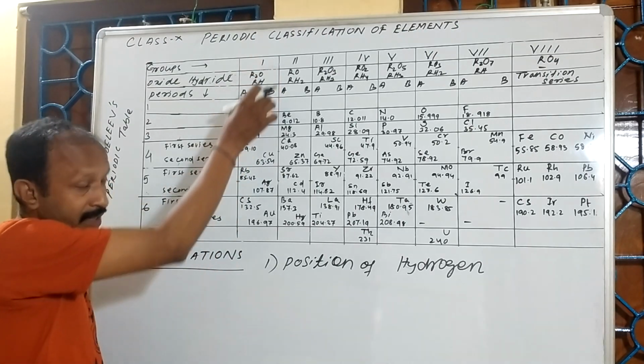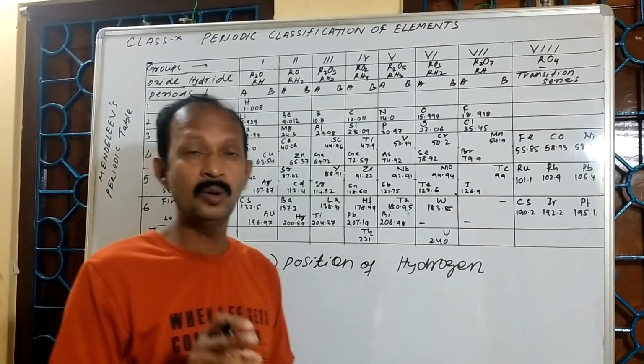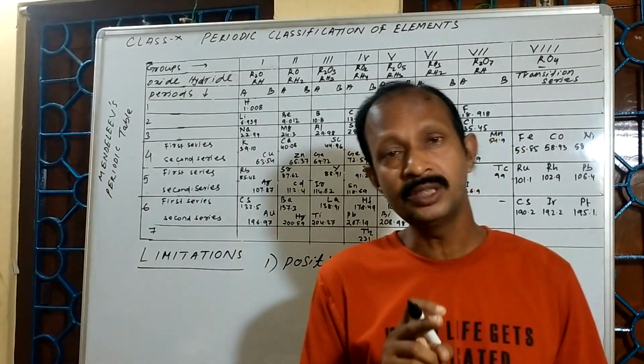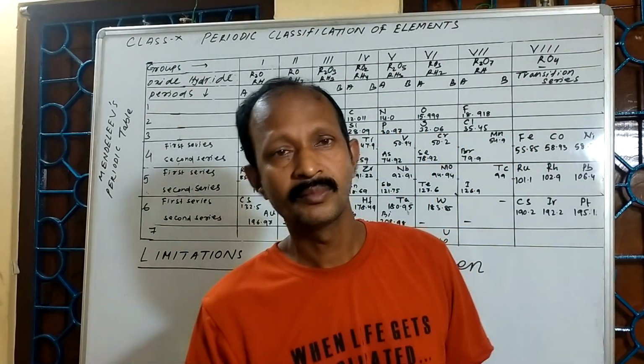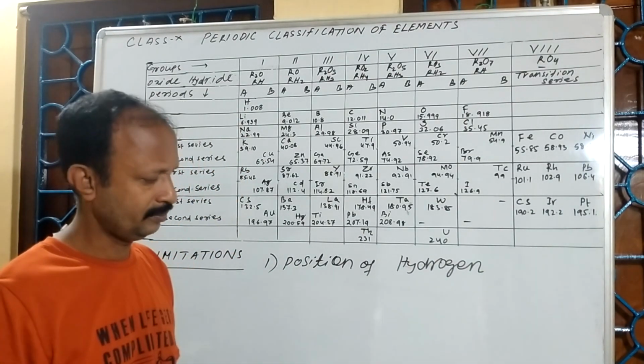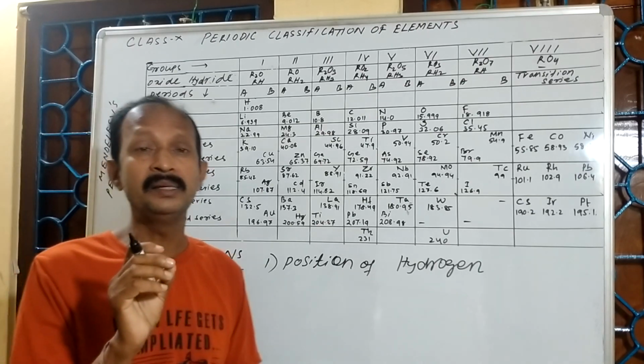Those are present in the first group, all having valence 1. So the valence of hydrogen is similar to the valence of alkali metals. At the same time, it has some other similarities with the alkali metals.